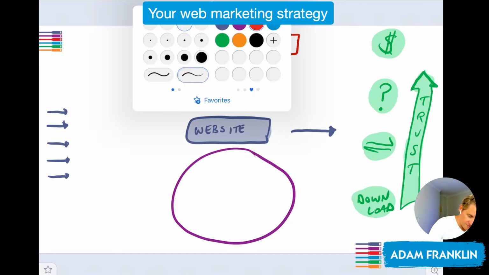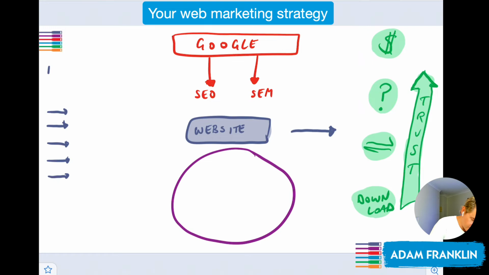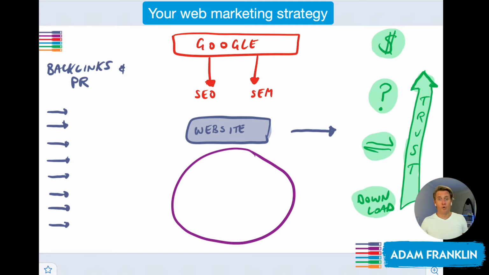Now, the other way people can find your website is through backlinks and PR. Okay, so every time that a website outside of your own website, like an external website, mentions you or links to you, that is a new way that people can discover you. And as you develop more and more of these, there are more pathways into discovering you and your business.